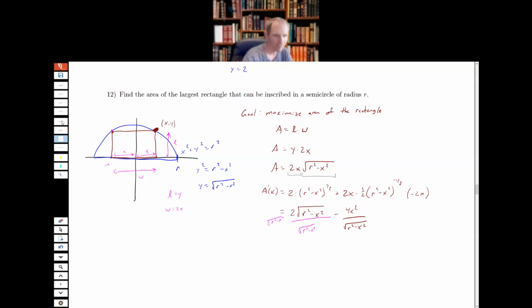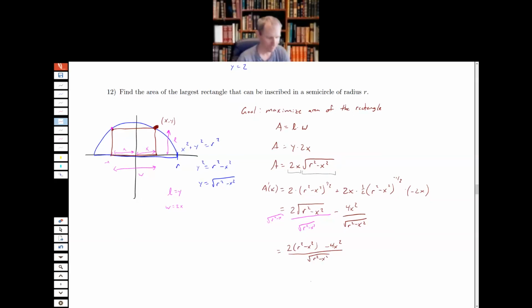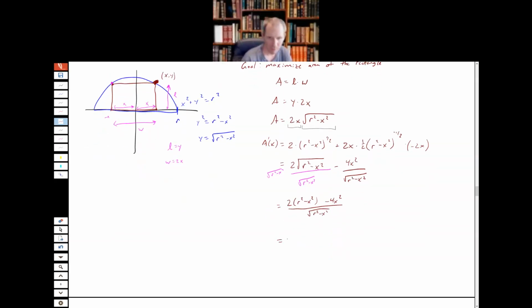So I have 2 times r squared minus x squared now without the square root, minus 4x squared, over the square root of r squared minus x squared. And since we're simplifying, we'll go one more step. So I have 2r squared minus 2x squared minus 4x squared is a minus 6x squared.